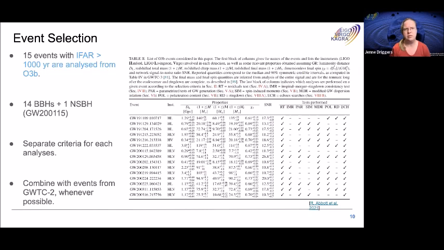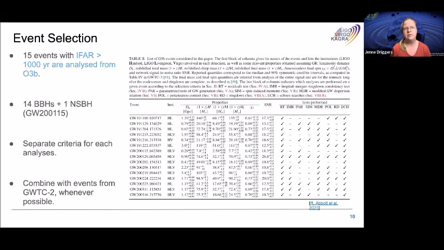The table on the right, table 2 from the paper, lists out the names and details of these 15 events, including what instrument was involved in the actual detection, some parameters such as their masses and luminosity distance and spins.